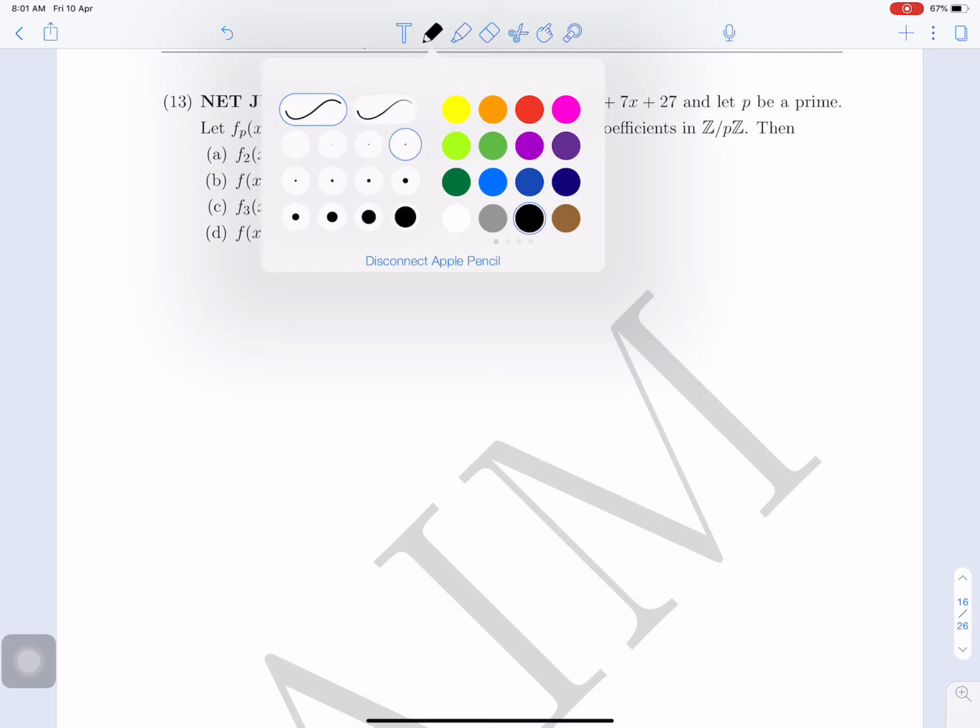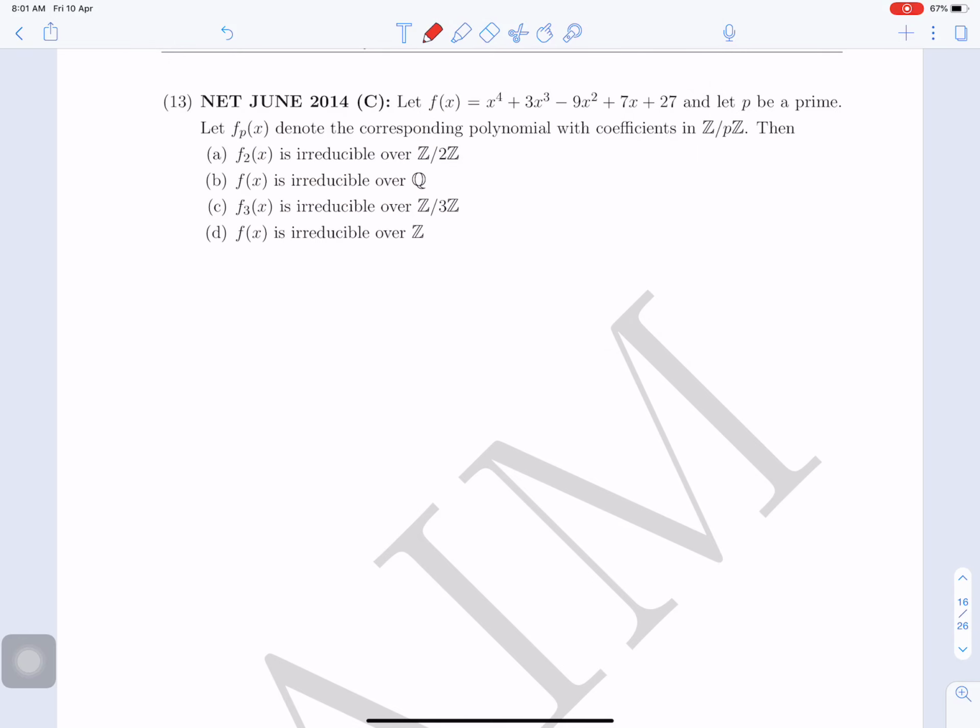Then f_2(x) is irreducible over Z quotient 2Z, that is Z_2. f(x) is irreducible over Q, f_3(x) is irreducible over Z_3, and f(x) is irreducible over Z.